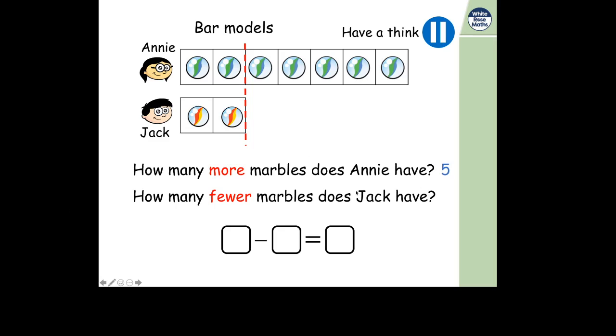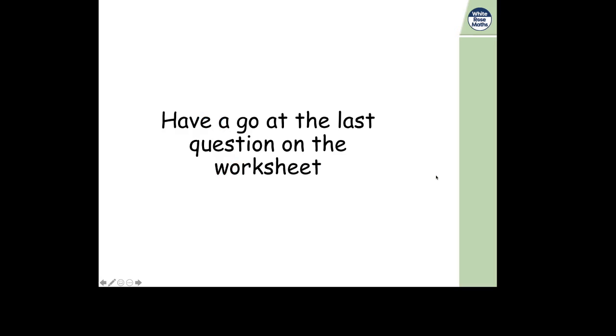So for the fewer one, we're taking away because we want to find out what that amount is there. It's also 5. 1, 2, 3, 4, 5. I would need to put 5 more in to make them the same. So we've got 7. Take away the 2, makes 5.